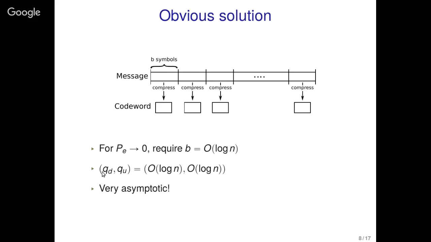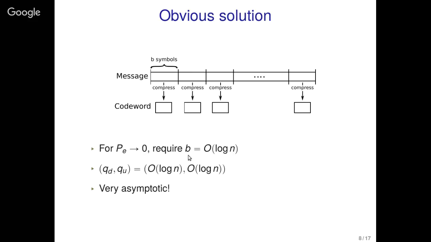So in other words, for such a scheme, the number of bits that are needed in order to recover a single symbol or update a single symbol is equal to B, and therefore we achieve Q_D, Q_U equal to order log n. Now you may wonder that, okay, perhaps order log n is not so bad after all. After all, order log n is much smaller than n.